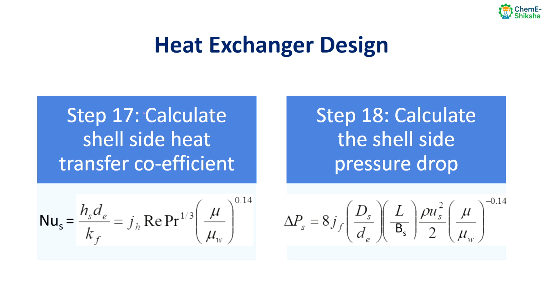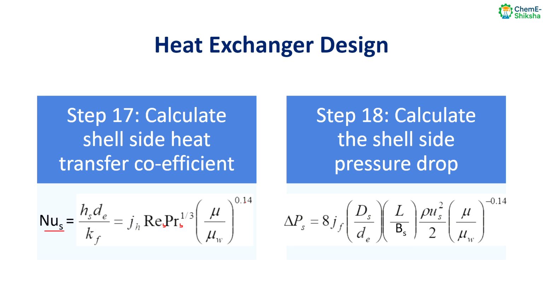Now in the next step, step number 17, we have to calculate the shell side fluid heat transfer coefficient. We know from the equation that the shell side fluid Nusselt number Nus is equal to hs into De divided by Kf. Here hs is the shell side fluid heat transfer coefficient, De is the shell side equivalent diameter, and Kf is the shell side fluid thermal conductivity, equal to Jh into Reynolds number of the shell side fluid into Prandtl number of the shell side fluid to the power 1/3 into (mu by mu w) to the power 0.14.